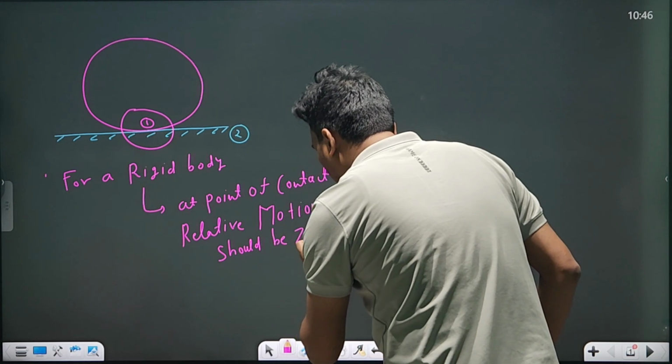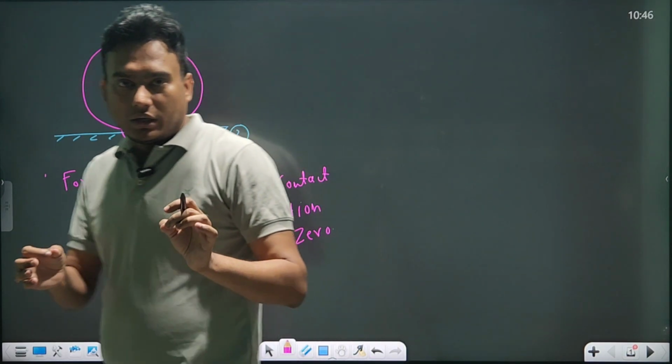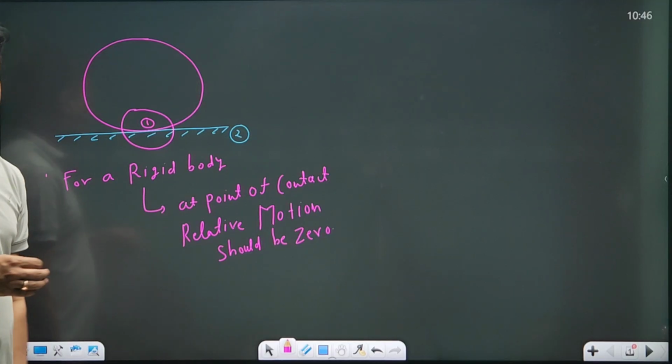You get my point? Relative motion should be 0 at the point of contact.